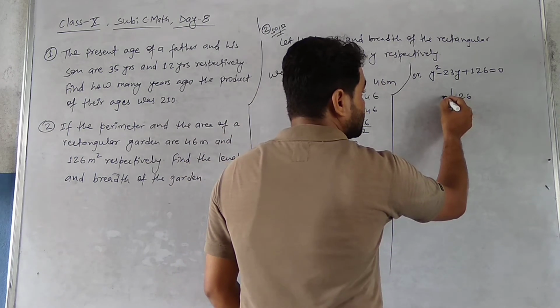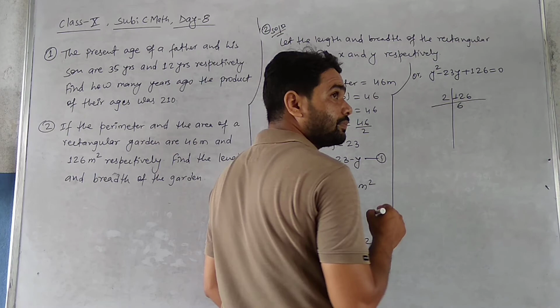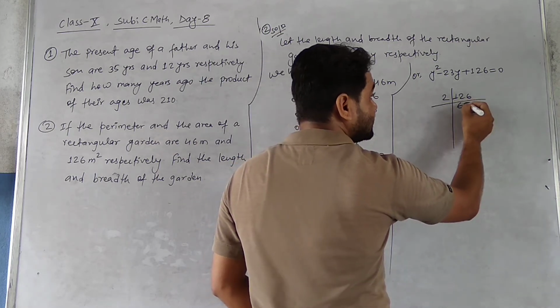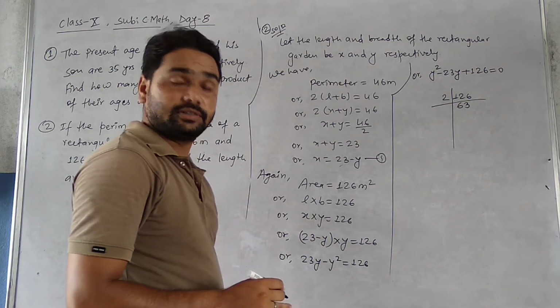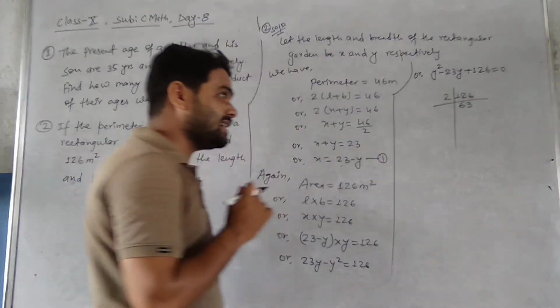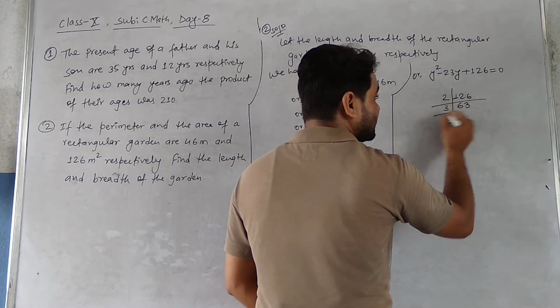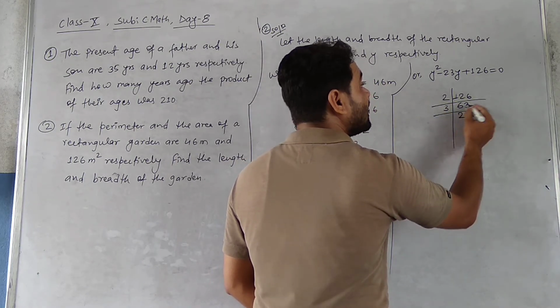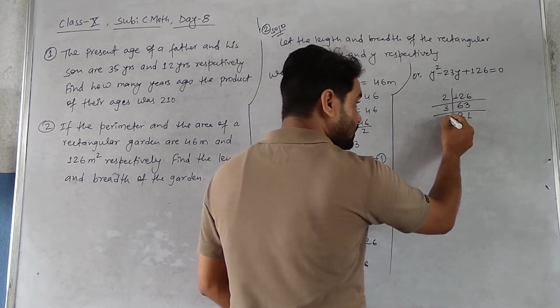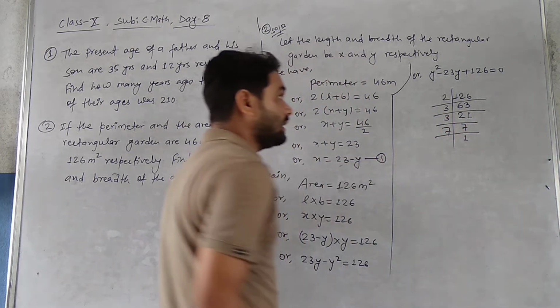Yes, with 2 it is possible. 2 times 63 is 126, then 63 is 3 times 21, 21 is 3 times 7, and 7 times 1 is 7. Like this only.